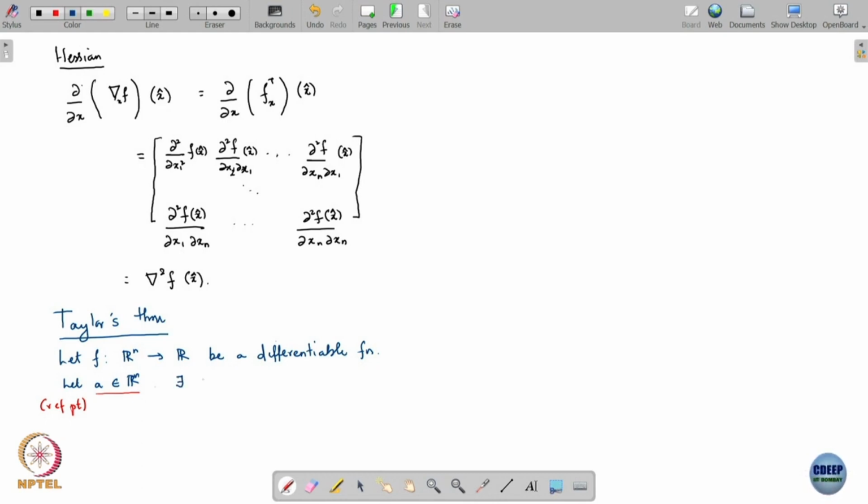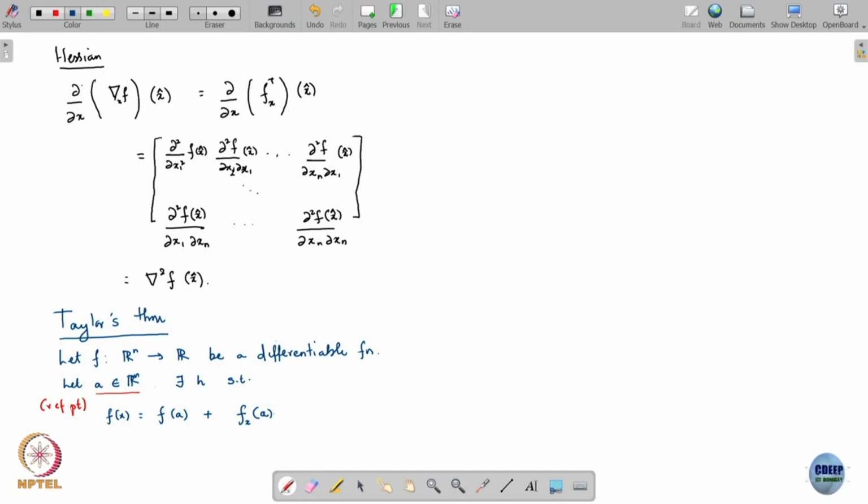Then the theorem says there exists a function h such that the value of the function at that other point is given by f of a plus... maybe I will just change my notation.